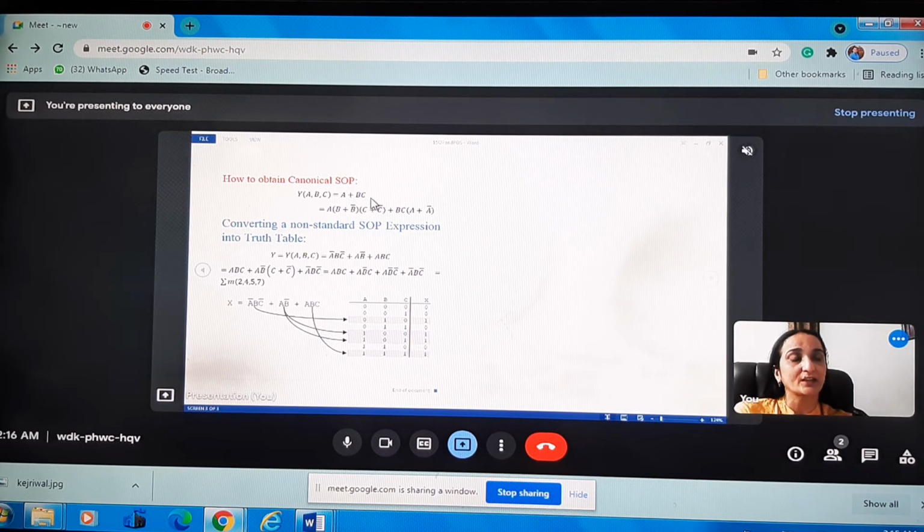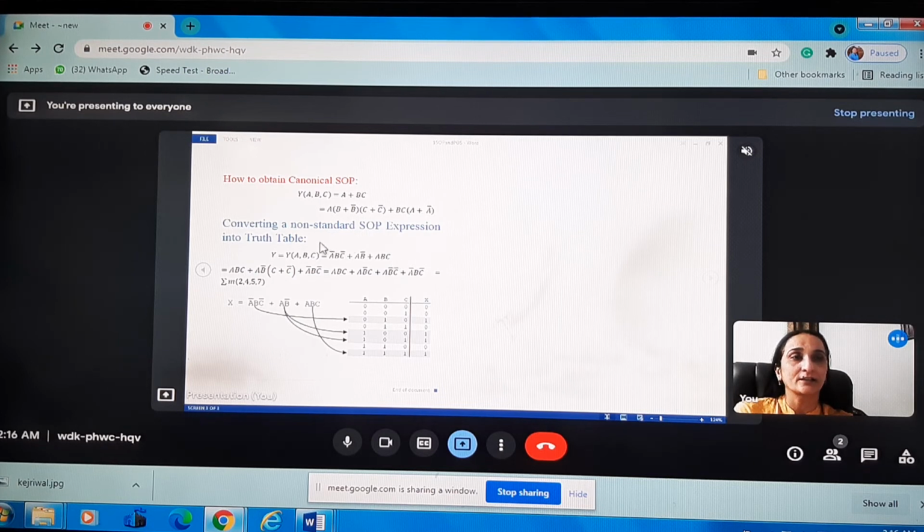Now in the second term, we can see there is only one variable missing. This is also a non-standard product term, so we will multiply it by the sum of the missing variable and its complement. Now if we want to convert a non-standard SOP expression into a truth table, this is a non-standard SOP expression because here the second term is non-standard.